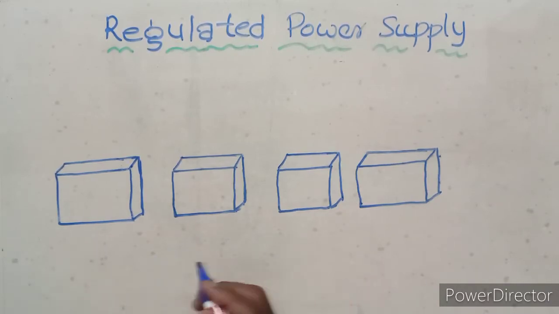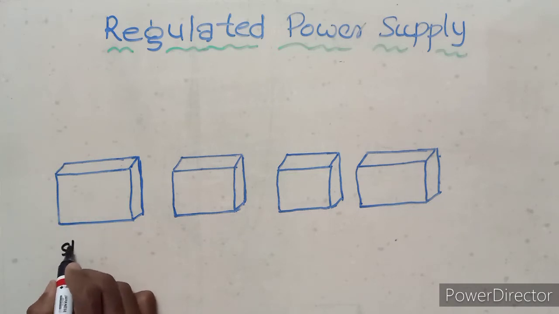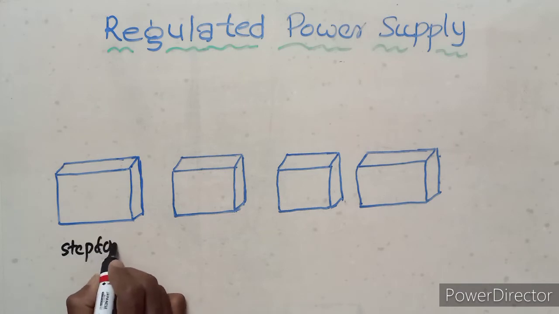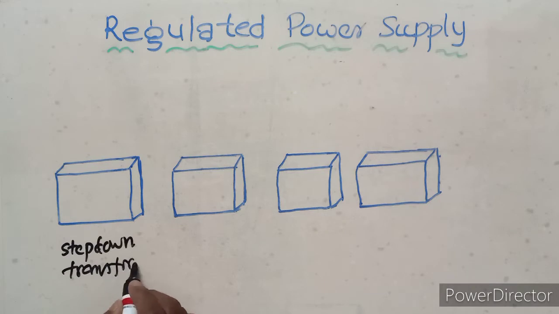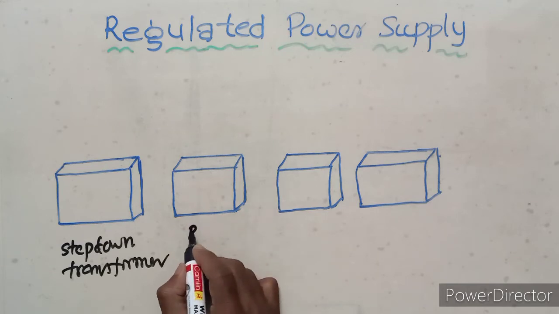These are the blocks. The first block is the step down transformer. This is the bridge rectifier.